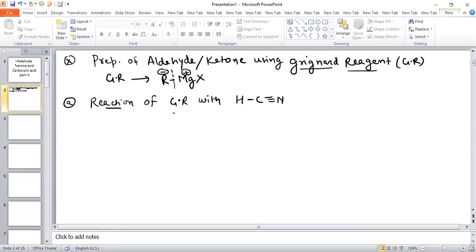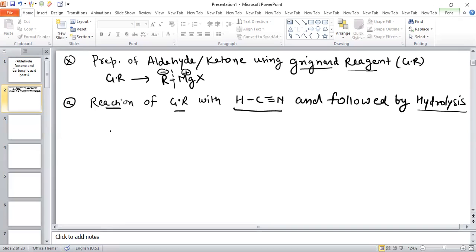So the reaction of Grignard reagent with HCN is followed by hydrolysis. You can see what happens in this case.